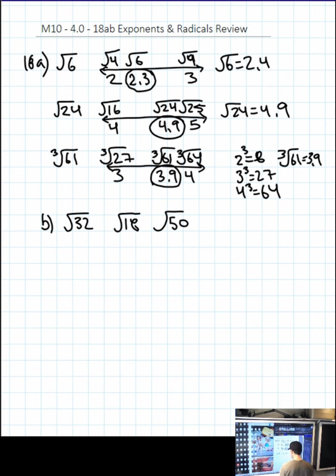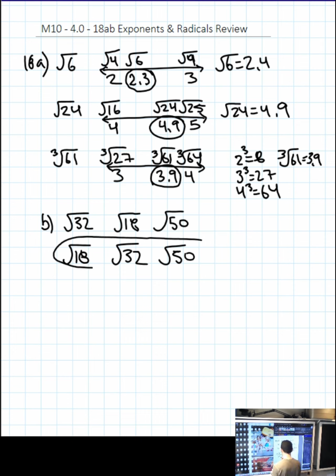Now we can clearly see that the order should be root 18, then root 32, then root 50. So I'm going to put that in that order. Square root 18, square root 32, square root 50. And that is in order from least to greatest.